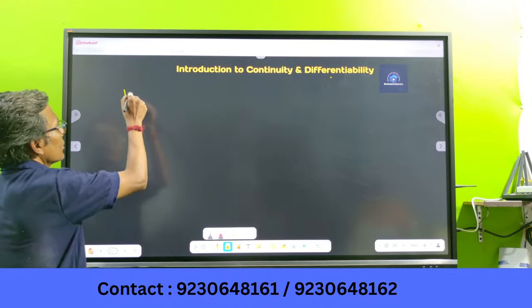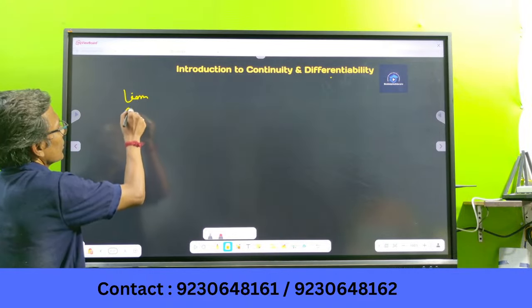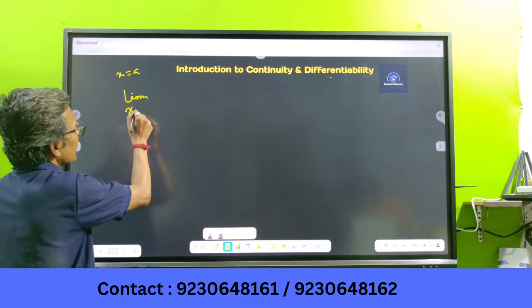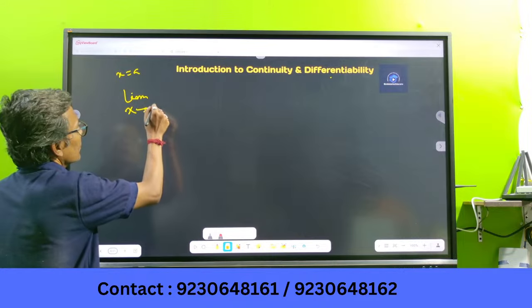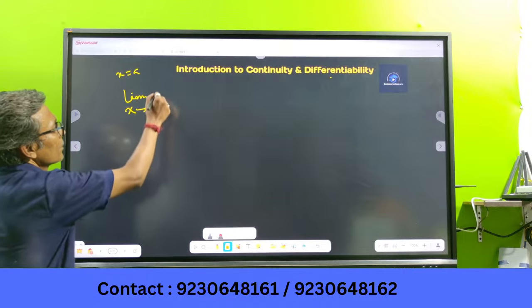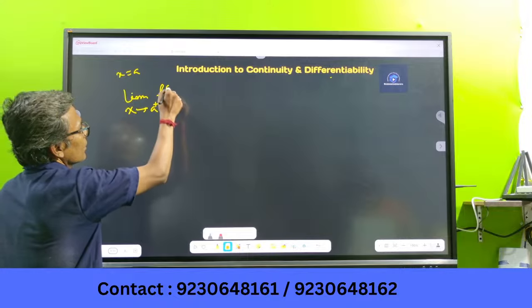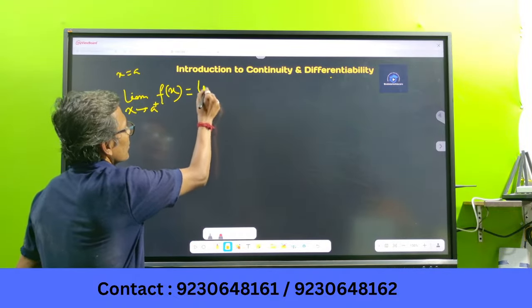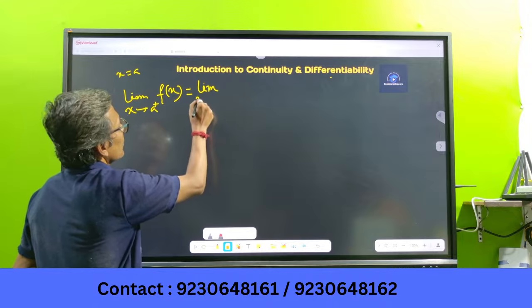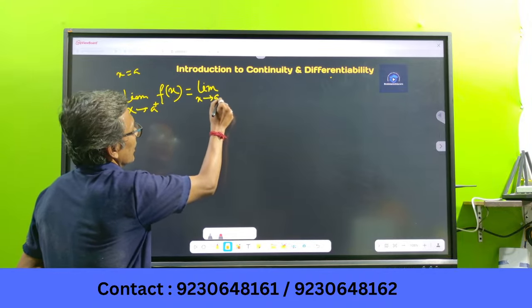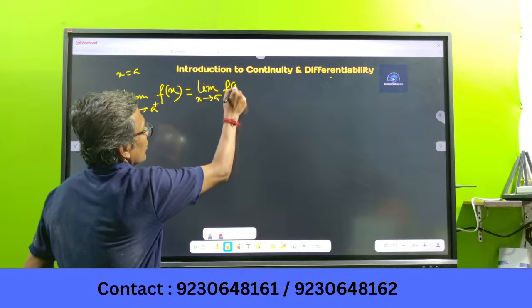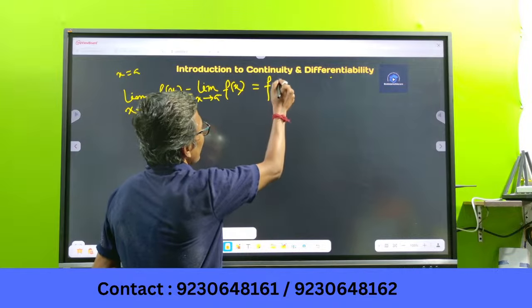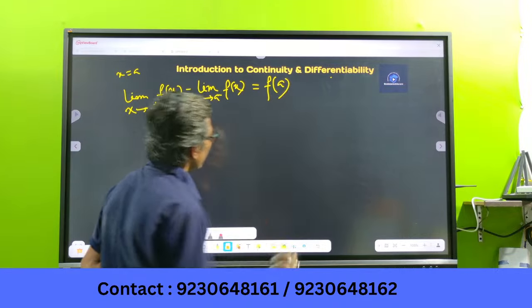So at x equals a, the right hand limit of the function is equal to the left hand limit of the function, which is equal to f of a.